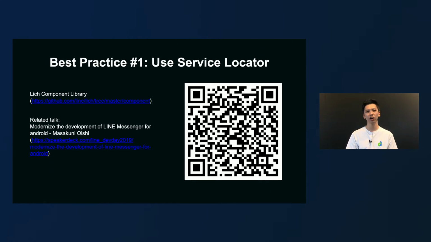Because the app module cannot access dynamic feature module classes directly, we need to use the Reflection API to resolve the problem. In the Line Android project, we used the Leech component library to resolve the problem. Last year, Oishi-san gave a very good talk about how to use the library in different use cases. Resolving the dependency issues between app module and dynamic feature module is one of the use cases you should check out.